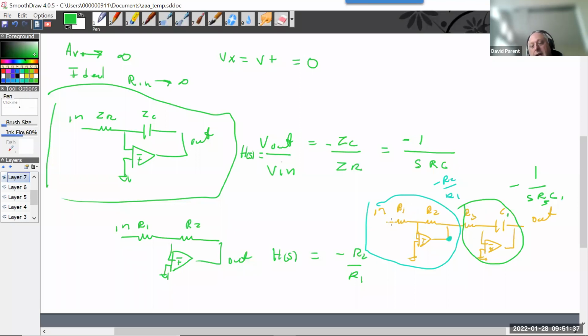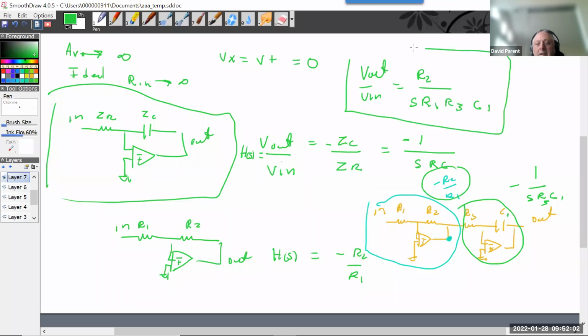I'm just reminding you that all you have to do is multiply this by this, and now V out over V in, minus times minus is positive, R2, R1, R3, C, 1, S. Okay.